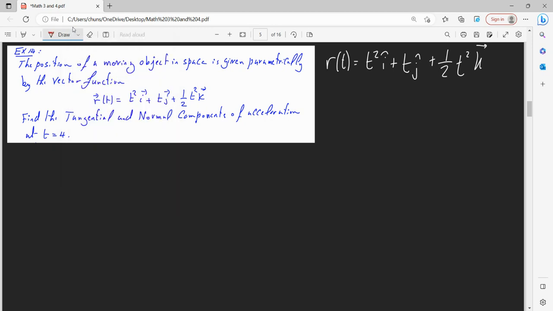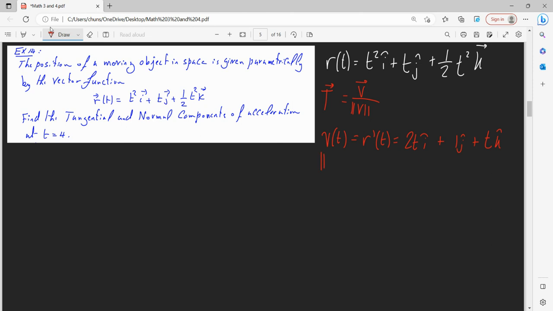So we know that to find our tangential component, we need velocity over speed. Let's use this equation and find velocity. Velocity is equal to the derivative of our position. That's going to give us 2t in the i direction plus 1 j plus t in our k direction.